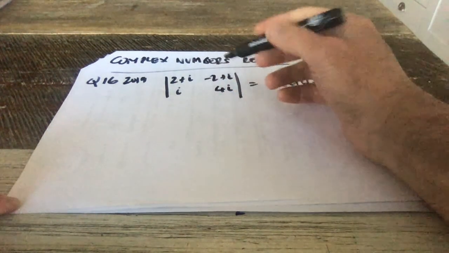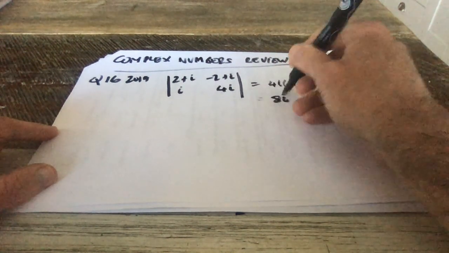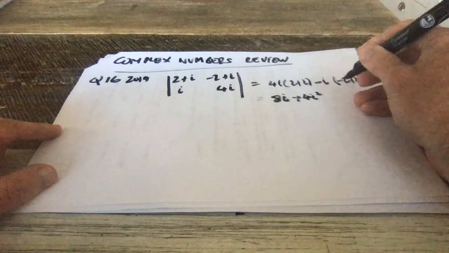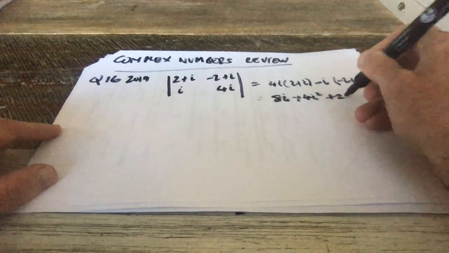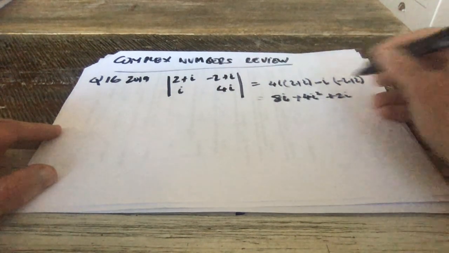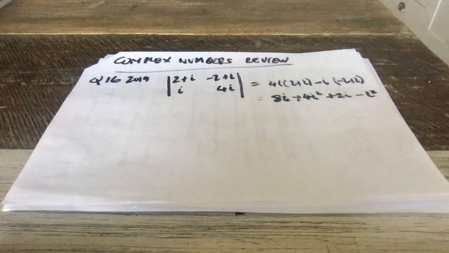It's this by this minus this by this. And so when you multiply that out there, guys, you get 8i plus 4i squared. Minus by minus gives you plus 2i, and then minus i squared, I think.